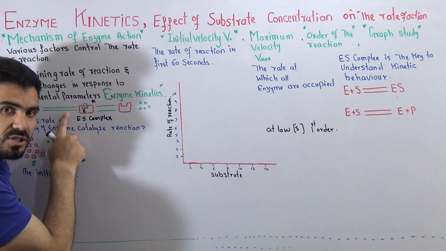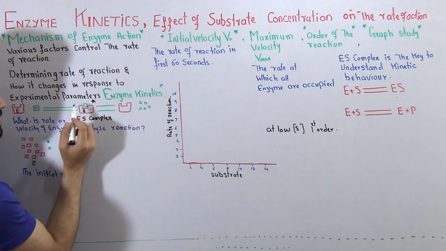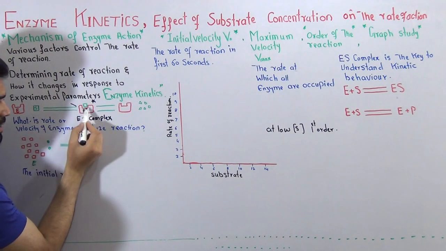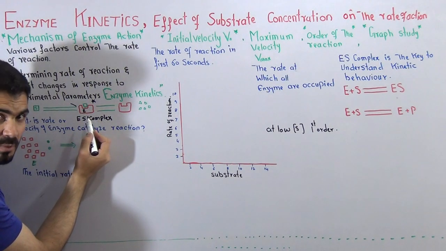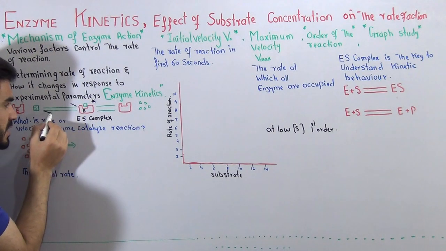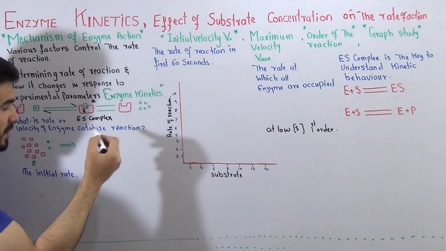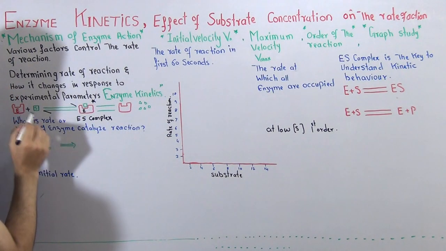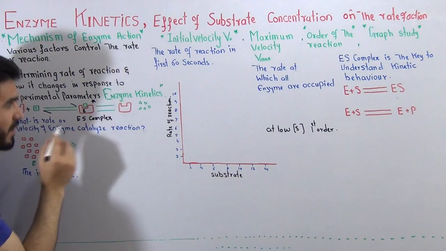This reaction is reversible. When enzyme combines with the substrate, the enzyme substrate complex can be formed, or the enzyme substrate complex can be dissociated, broken down back into enzyme and substrate. So it's a reversible reaction.